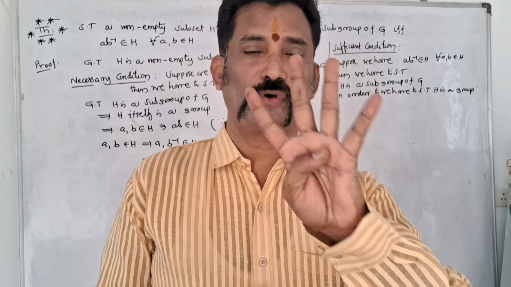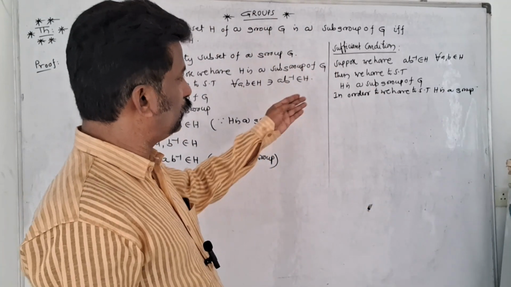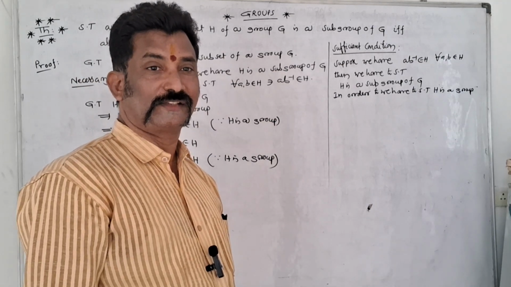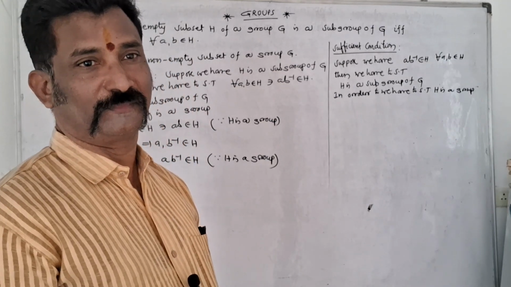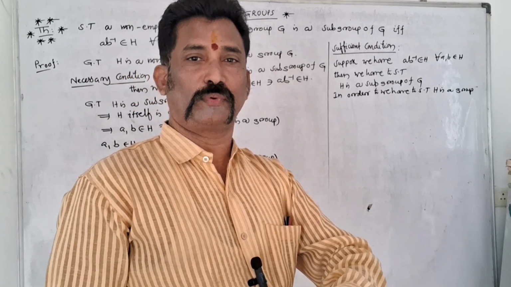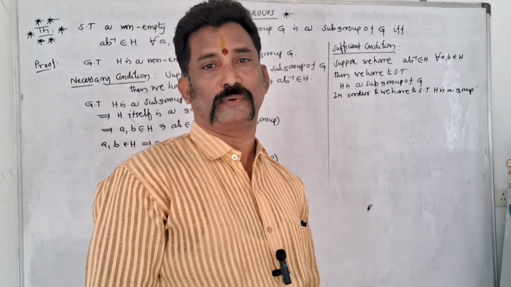These four properties are there. So to show that H is a group, first is the identity property, next inverse, next closure property, next associative property.